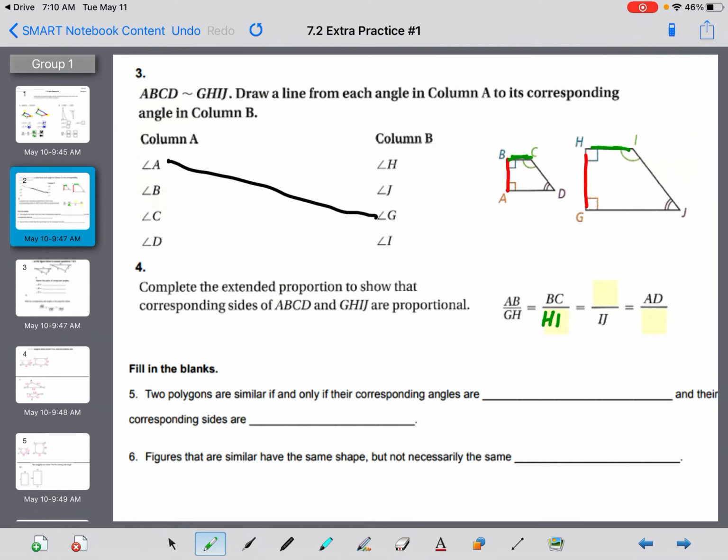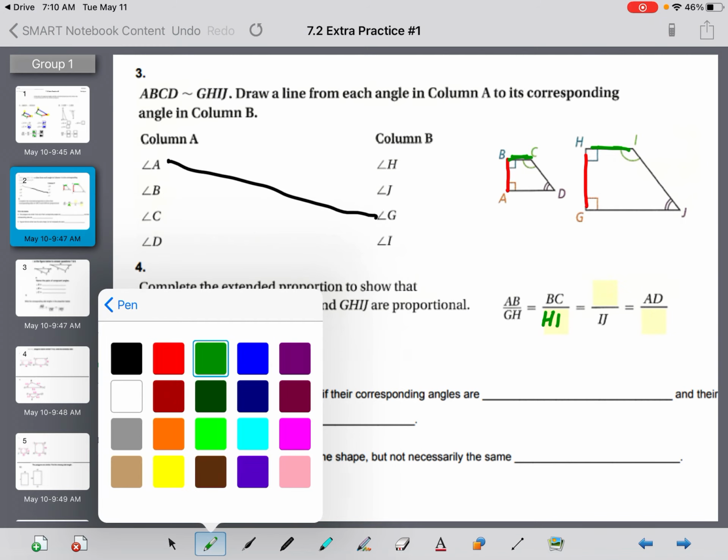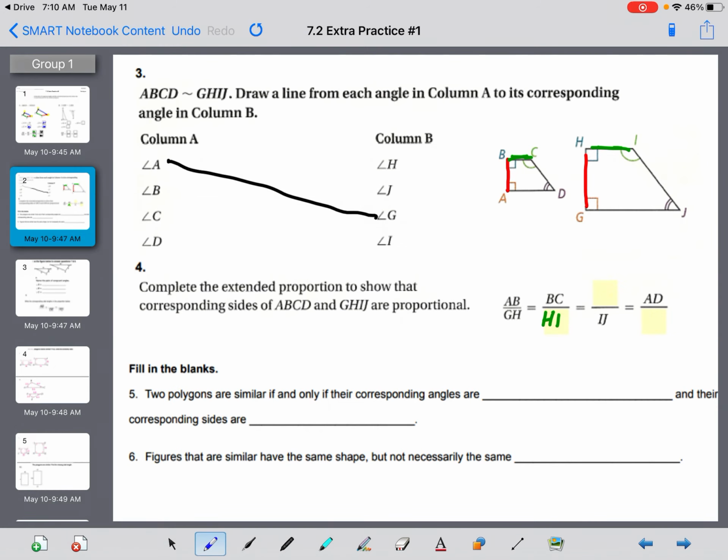Two polygons are similar if and only if their corresponding angles are blank and their corresponding sides are blank. Corresponding angles are congruent, meaning the same, equal, and their corresponding sides are proportional. Figures that have similar shape but not necessarily the same size. That's why we use that word proportional, okay?